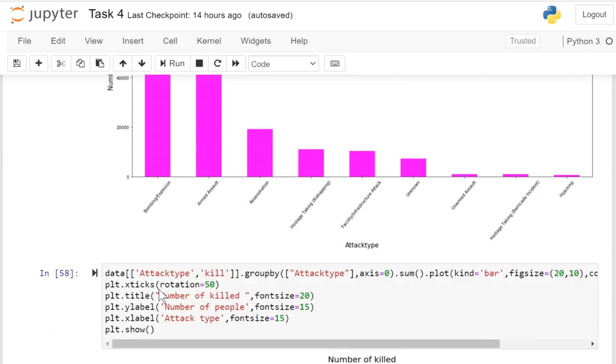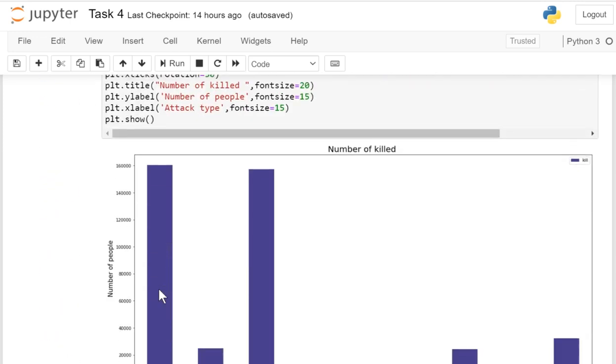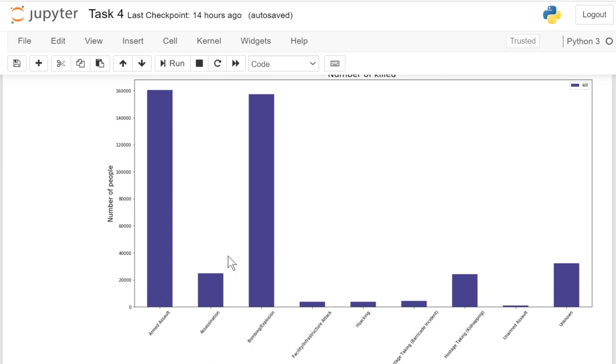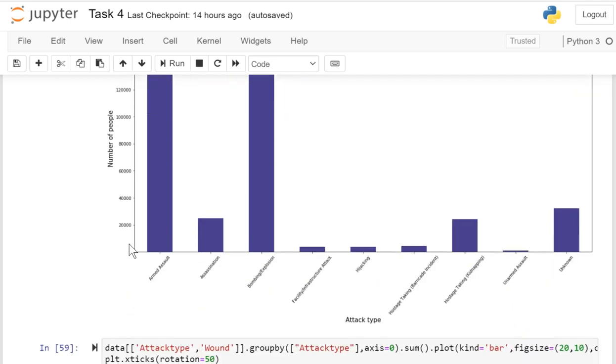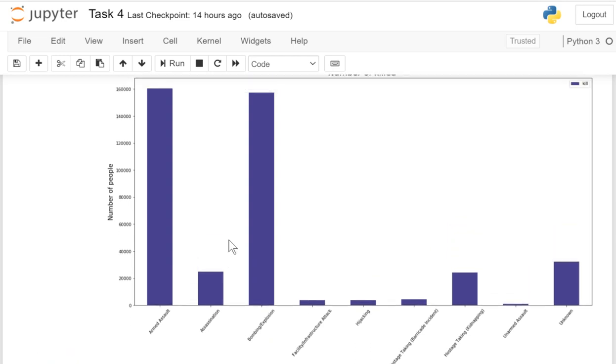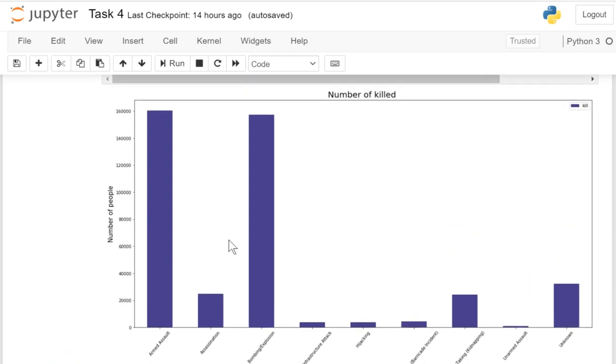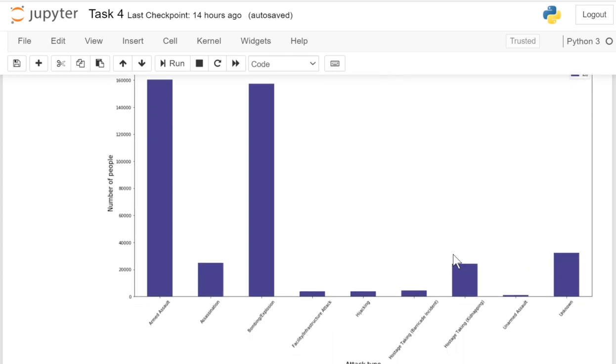The number killed is shown in this graph, with number of people on the y-axis and attack type on the x-axis, which shows that armed assault and bombing and explosion have killed the most people, and the least number of people killed is in unarmed assault.